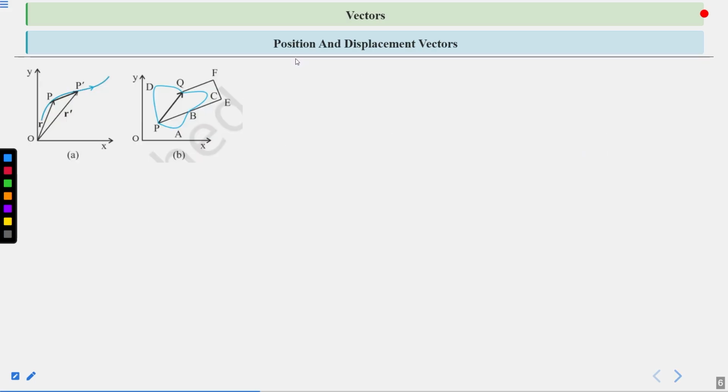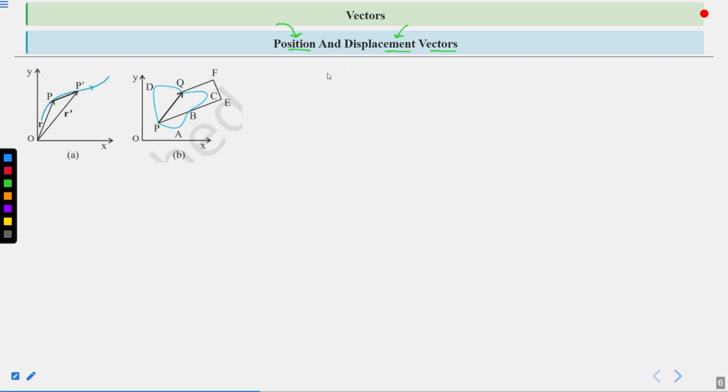Now we will learn some vectors like position vectors and displacement vectors. A position vector shows the position of any object or any point. Displacement vectors show the change in position of a particle with respect to a reference frame.